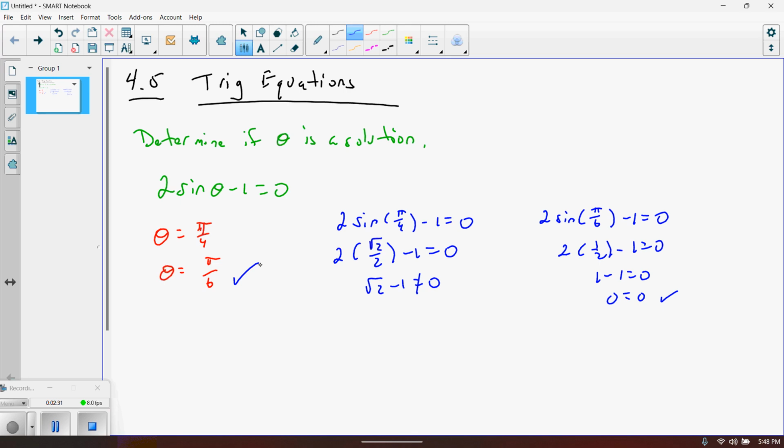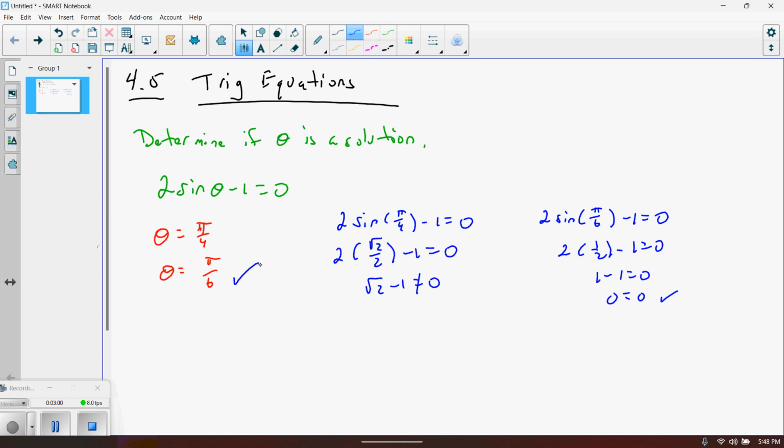And because of the way the sine function is cyclical and the unit circle, every rotation around the circle, forwards or backwards, from pi 6, so all of the coterminal angles to pi 6, would also be solutions. For example, if you were to add 2 pi to pi 6, 2 pi in terms of 6 would be 12 pi over 6.